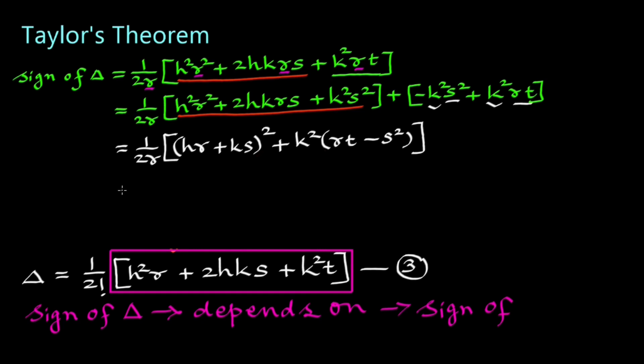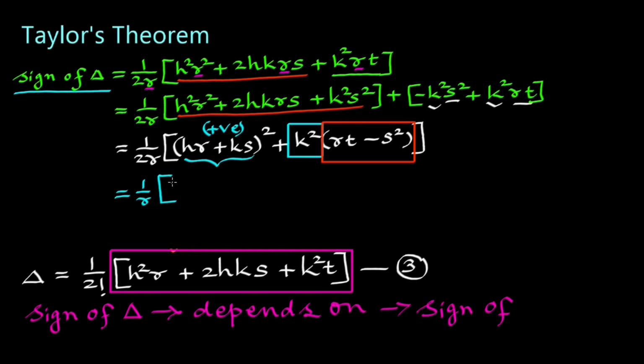Now we will write only those terms which will affect sign of delta. So we write 1 upon r instead of 1 upon 2r into (hr plus ks) whole square will always be positive, being a squared quantity, and this k square will always be positive even for negative values of k. So what remains is this rt minus s square. This we write over here, rt minus s square.